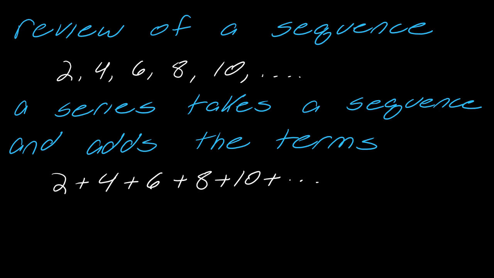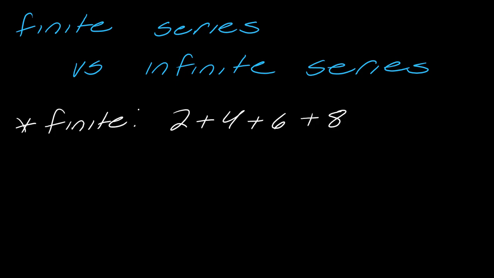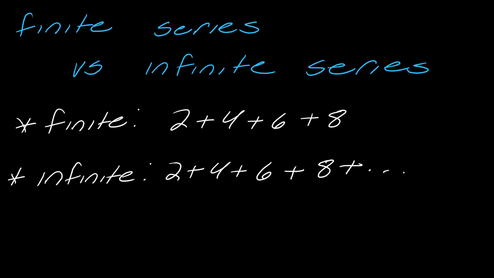What's interesting is that once we get into series, we get very interested in understanding both a finite series and an infinite series. The two are a little more interlinked than a sequence would be. A finite series refers to adding up a finite number of terms, so 2 plus 4 plus 6 plus 8, versus an infinite series, where we just keep adding up the terms forever.